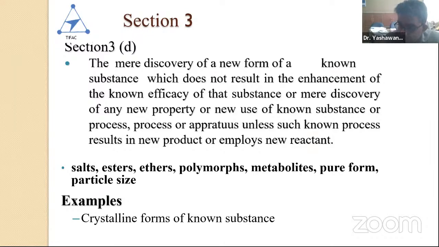If you need a specific process to achieve those nanoparticles, not a standard process, be it a chemical process, be it a physical process, any machine which you invented to make nanoparticles of that particular substance, be it material, metal, whatever it is, the process of making nanoparticles, if that is new, that can be patented.